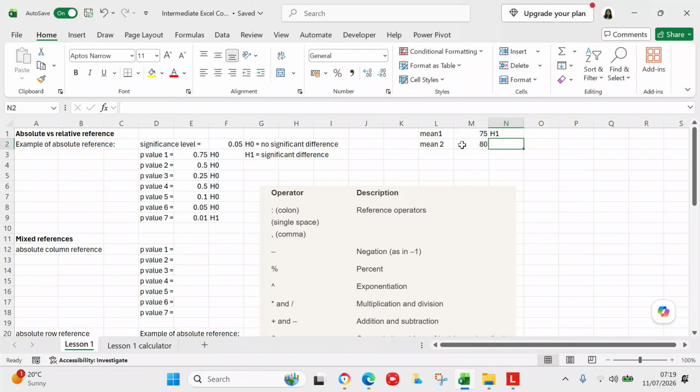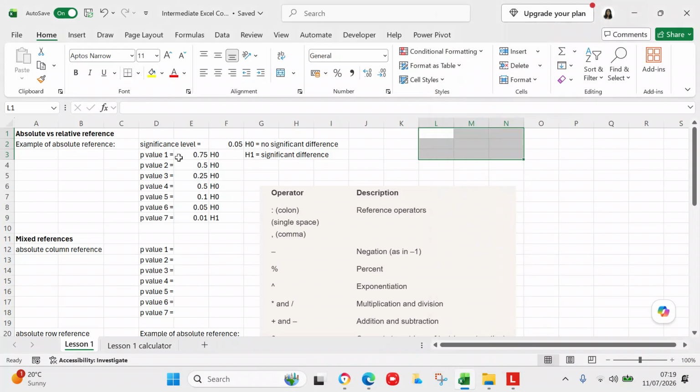So you've got H1. Because 75 is not equal to 80, it's going to give you the alternate hypothesis, which means there's a significant difference between mean 1 and mean 2. And that's just the statistics part of it.